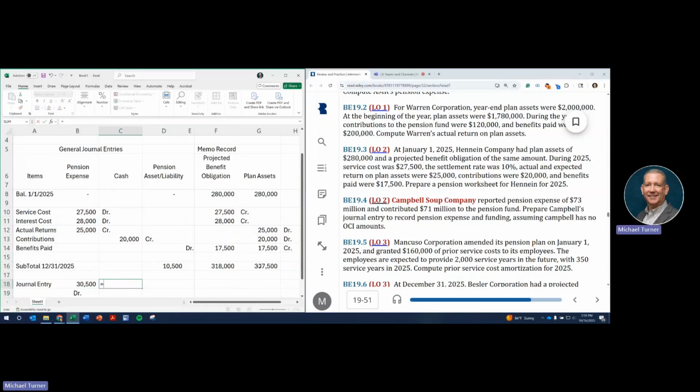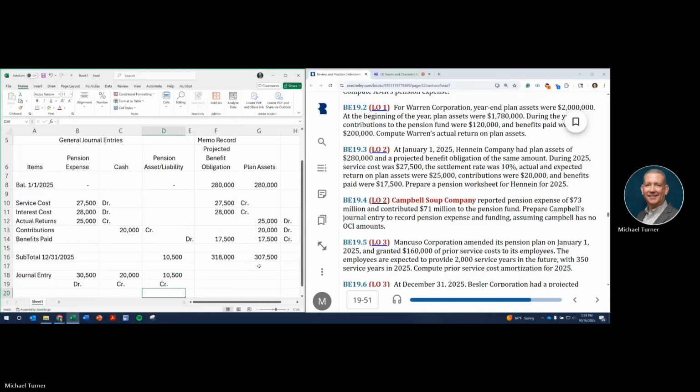And my cash only involved one amount, and that's a credit of $20,000. And then lastly, to balance, I'll have a credit to the pension liability. And these are actual dollar amounts that will go into the journal entry. We'll set that journal entry up here momentarily.